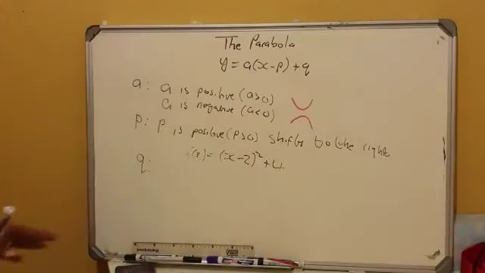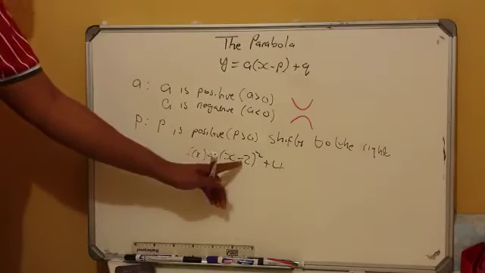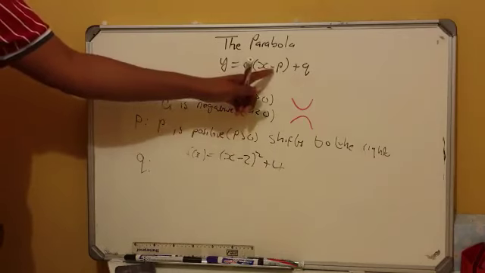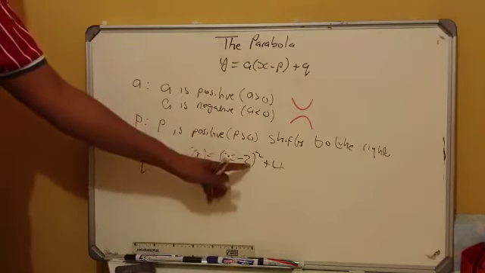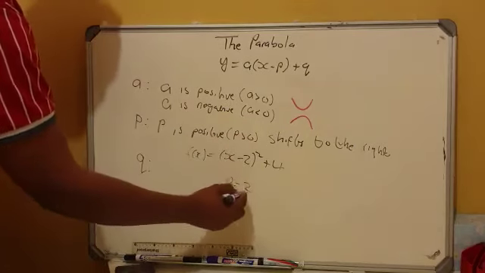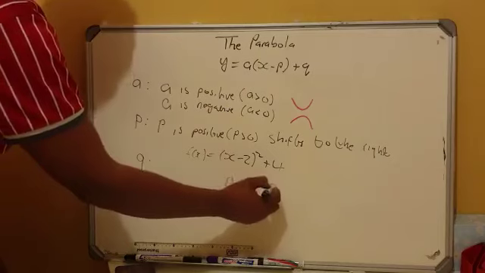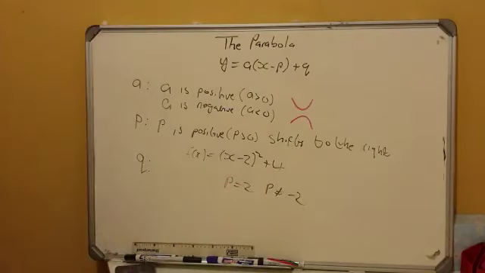It is positive, though it has got a negative sign, because this negative is from the formula. The formula consists of a negative. So p here is 2. It is not negative 2.